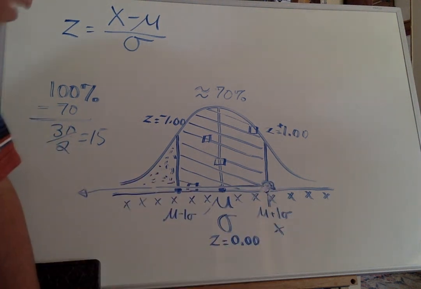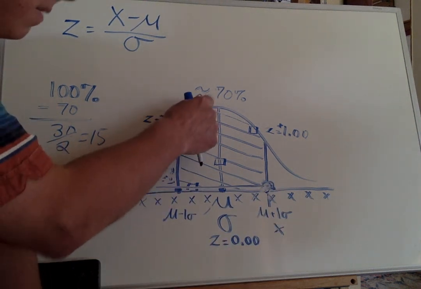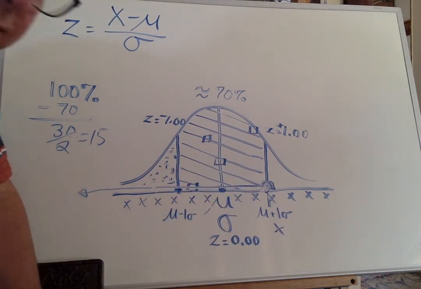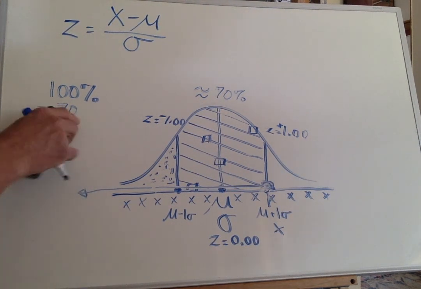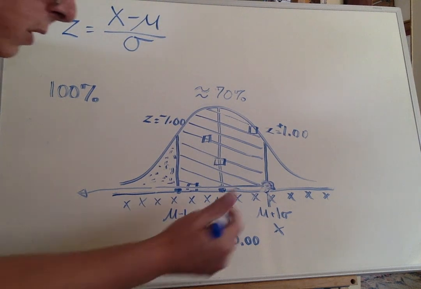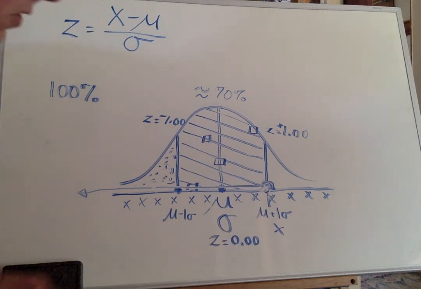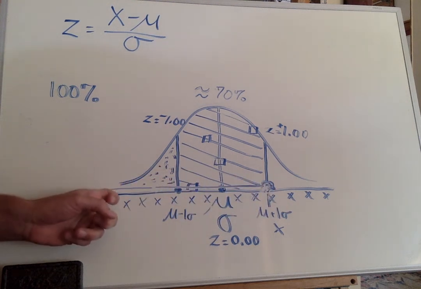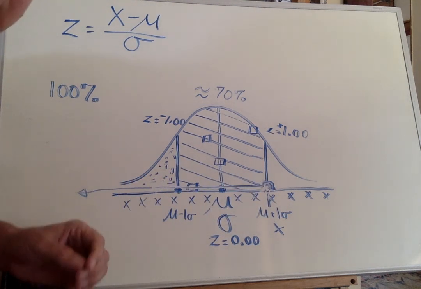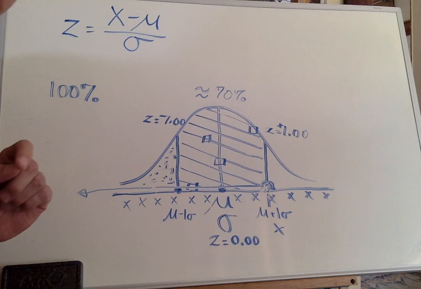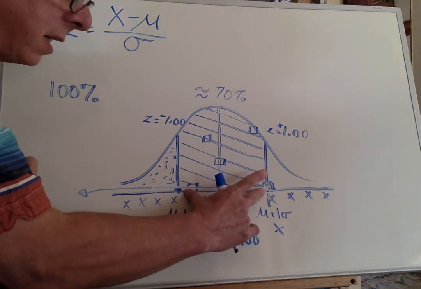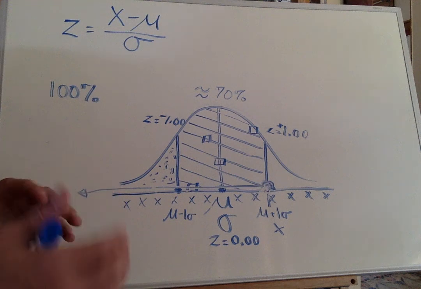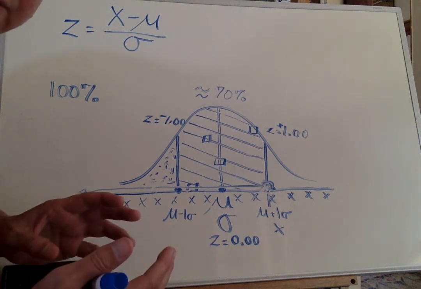We can check ourselves, right? 15 plus 70 plus 15 is 100. So if we're here, what percentage of the population is there or below? Then the answer is 85%. 70 plus 15. It's figure-outable.